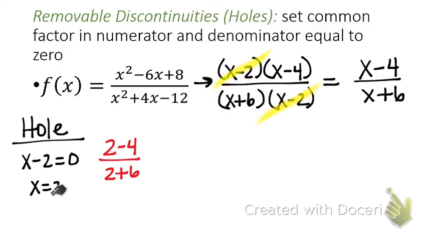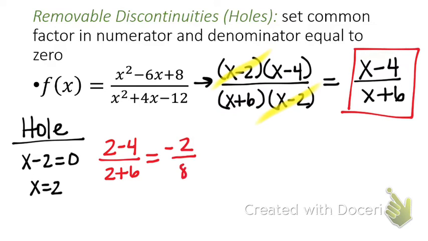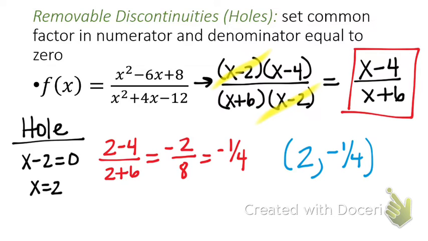I took that 2 and put it in the function that I have left, because this is the function I'm going to use now to graph. That gives you -2 over 8, or -1/4. So there is a hole at (2, -1/4). That's where the hole is going to occur.